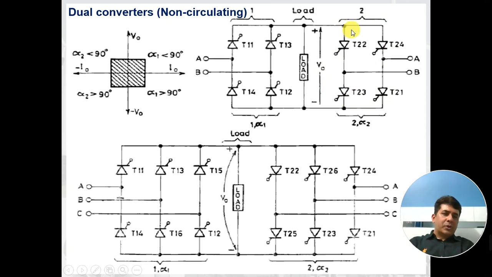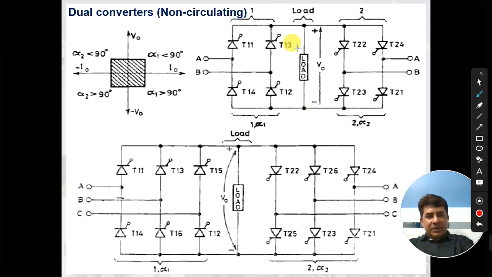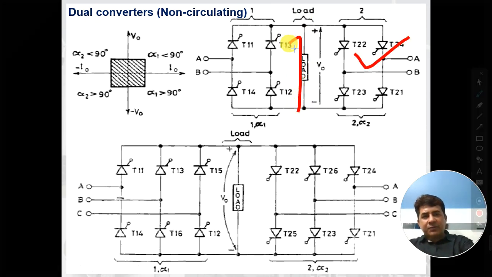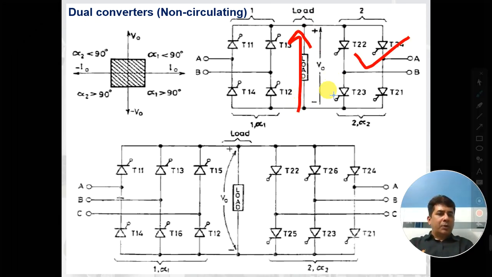When this converter is operated and alpha is kept less than 90 degrees, this terminal will be positive and this terminal will be negative, and the current will flow from bottom to top. During this time, when this is operated, the current will move from bottom to top.